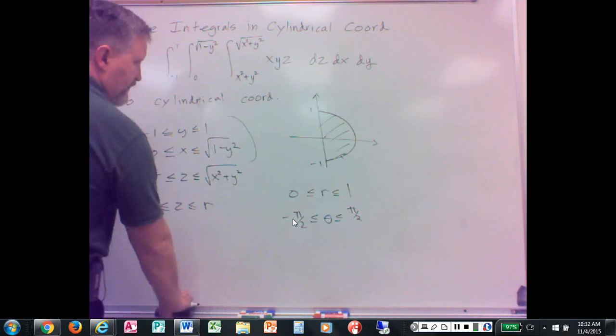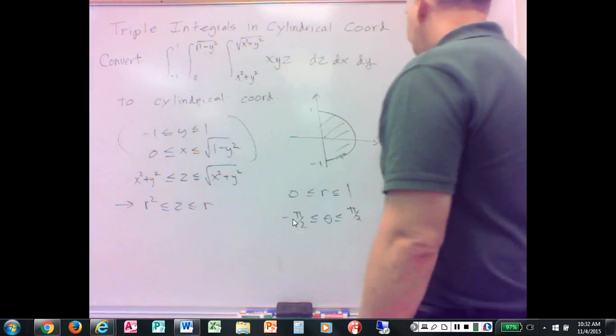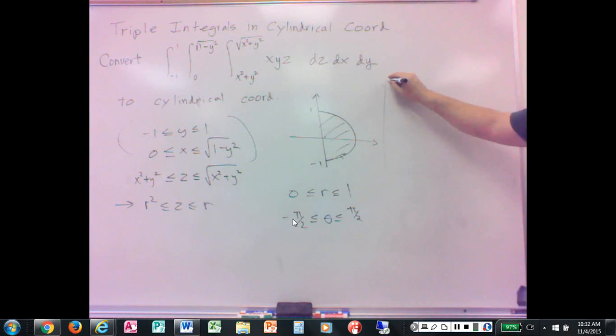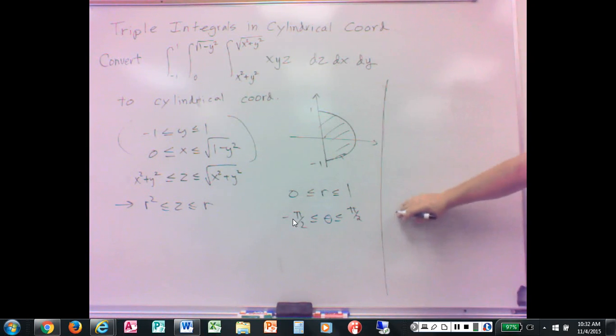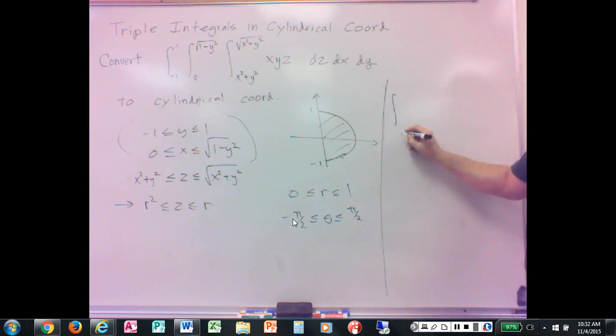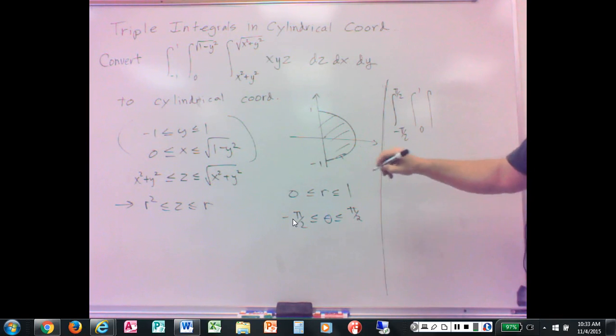Okay, so what does that mean for our triple integral here? So we do r dz, dr, d theta. So for theta we're going to go negative pi over 2 to pi over 2, and then the r's go from 0 to 1, and then the z's go from r squared to r.